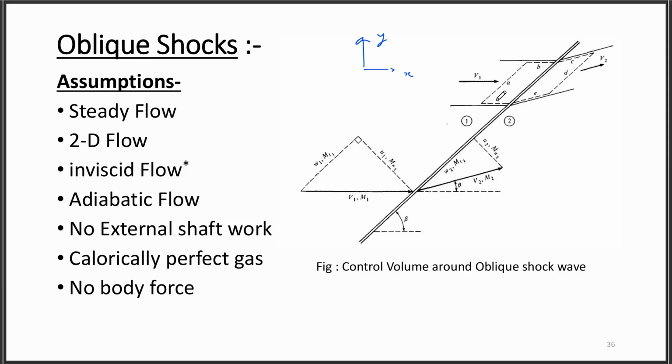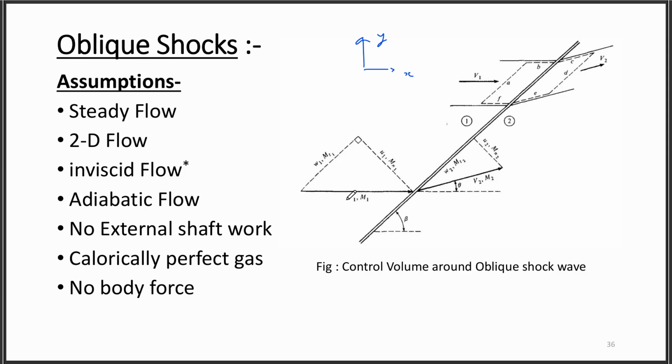Flow is also adiabatic. There is no addition of heat, there is no external shaft work, the gas is calorically perfect gas, and there is no body force. The angle of shock wave is given by beta, and the flow turn angle is given by theta.